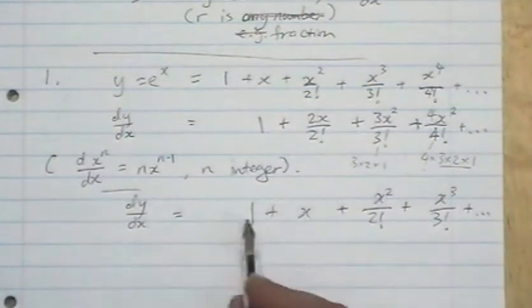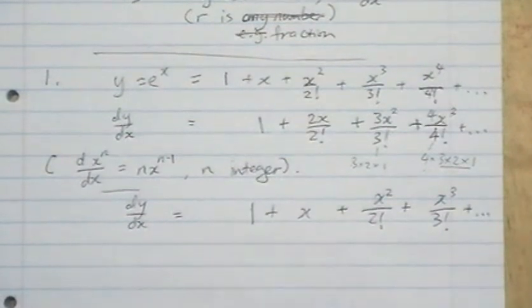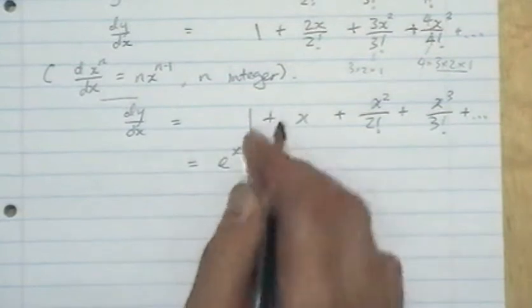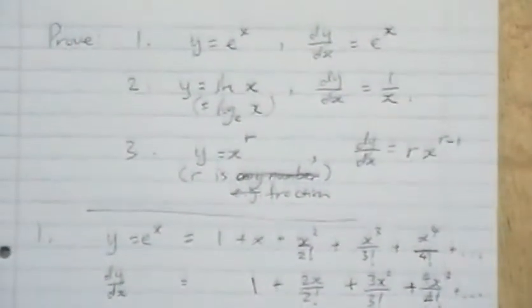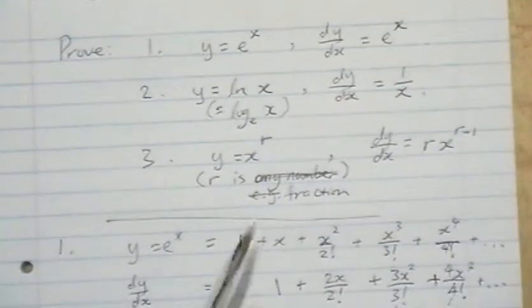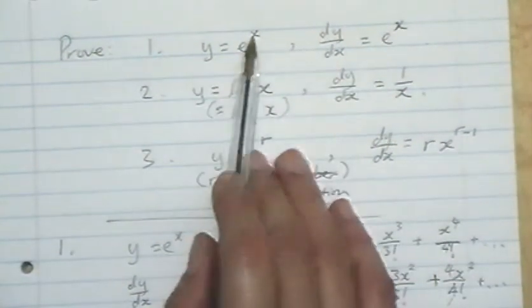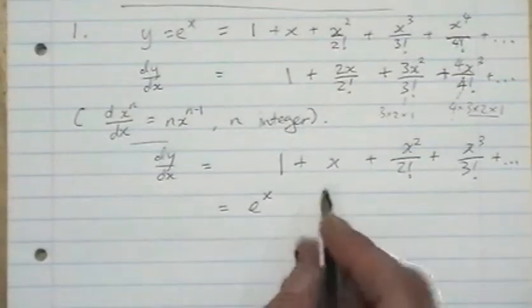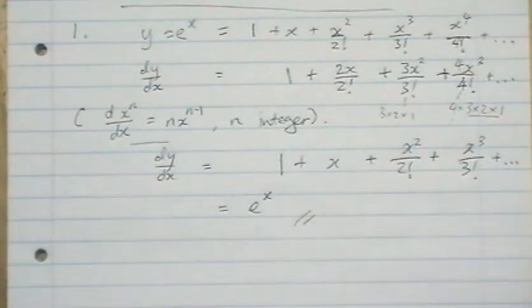So this means that this result is actually equal to e to the power of x. And that is exactly what I want to show: that if y is equal to e to the power of x, then dy/dx is e to the power of x. So here I have proven this first result.